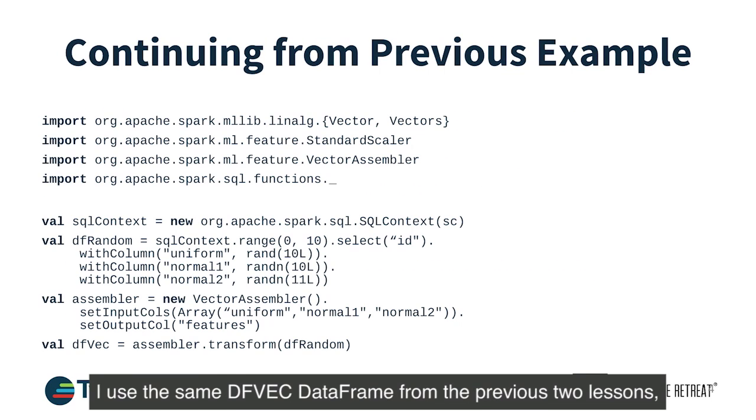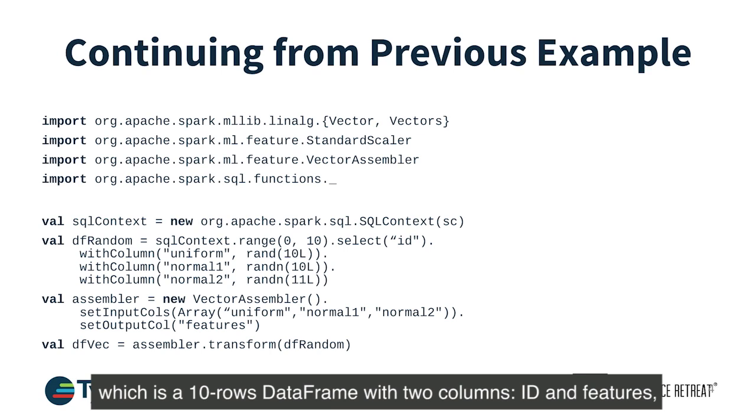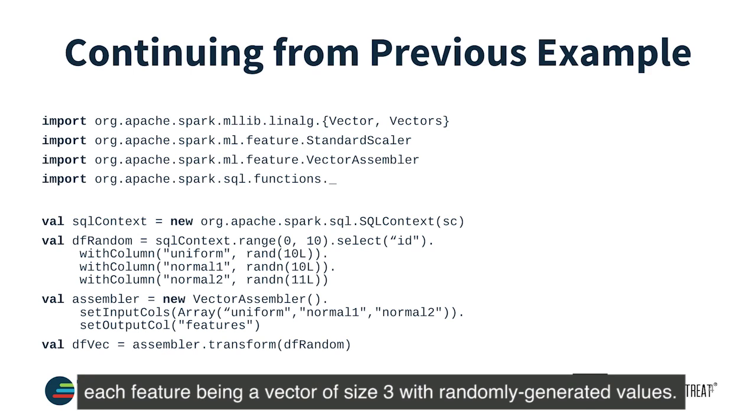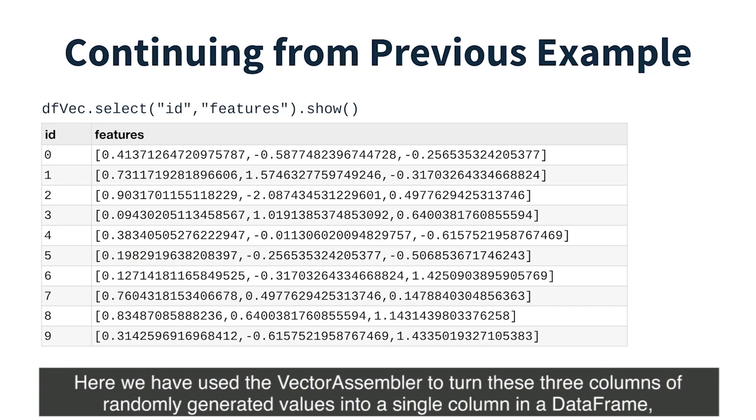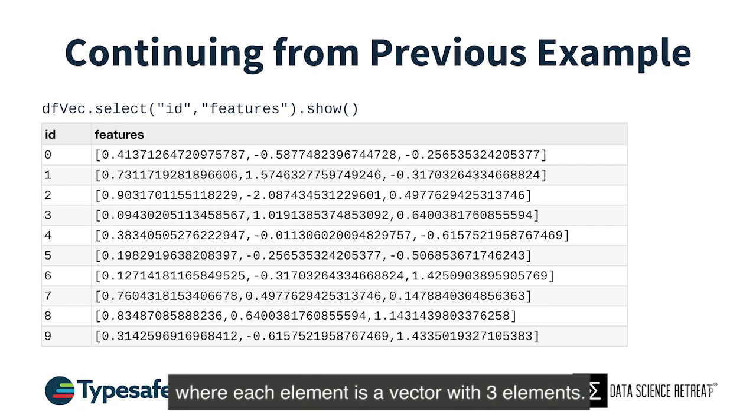I use the same DFVEC data frame from the previous two lessons, which is a 10 rows data frame with 2 columns, ID and features, each feature being a vector of size 3 with randomly generated values. Here we've used the vector assembler to turn these 3 columns of randomly generated values into a single column in a data frame, where each element is a vector with 3 elements.